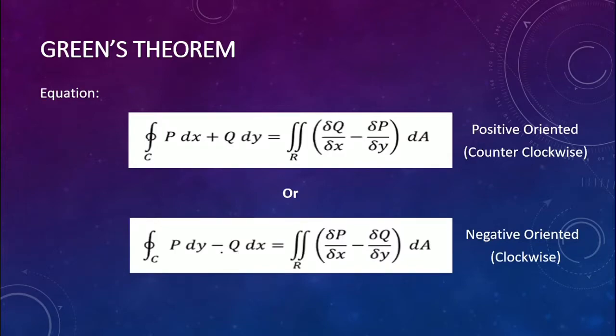If the arrow shows counterclockwise, which is positively oriented, then we need to use the first equation. If the arrow shows clockwise, which is negatively oriented, then we need to use the second equation. So we will discuss some examples for better understanding.